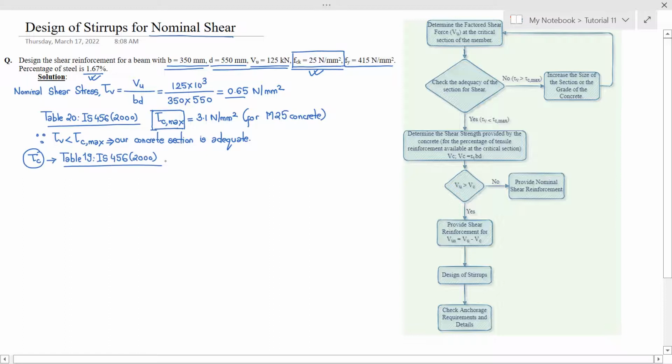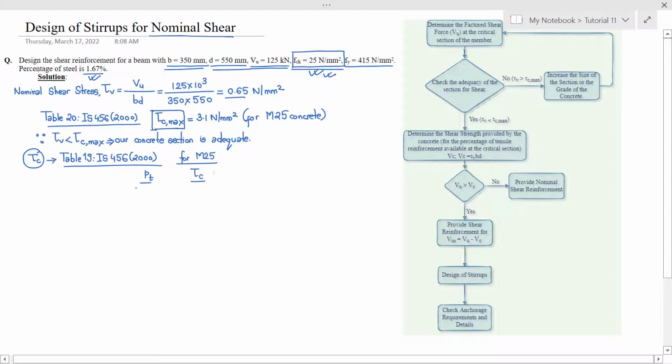Now if you go to this table, there for M25 concrete, which we are using currently, you can see that different values are given for different values of pt. pt is the longitudinal reinforcement ratio or percentage, and the value of tau c is given.